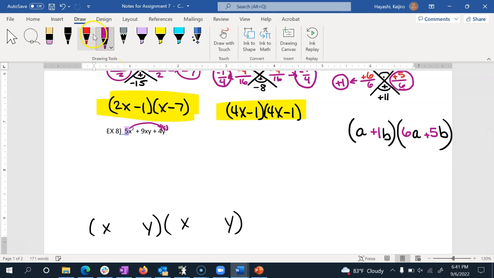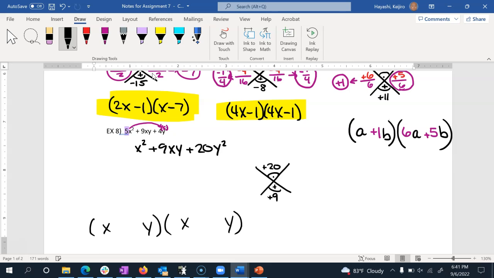Okay, take this 5, slide it to the back. That's going to give you x squared plus 9xy plus 20y squared. Okay, so the two numbers you're concerned with are this 20 and this 9. Now you want them to multiply to 20 and add up to 9. So 5 and 4?